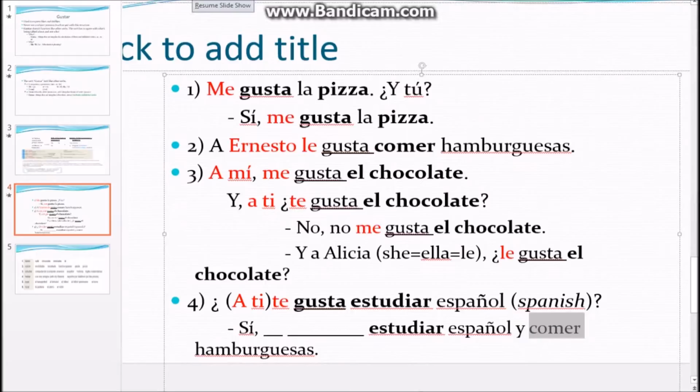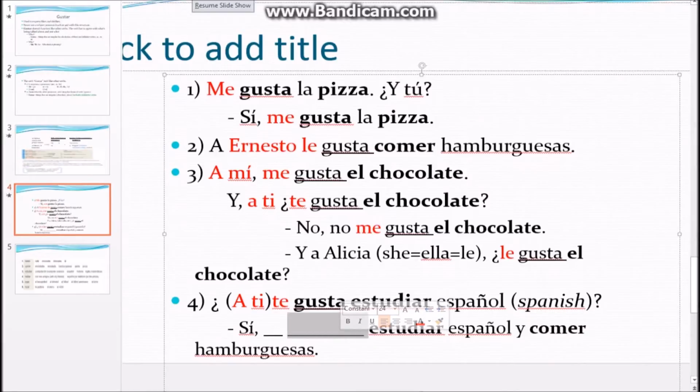We have studying Spanish and comer hamburguesas, eating burgers. But something's very important about these 2 things that are liked. They're 2 infinitive verbs, estudiar y comer. So the subject's still singular, regardless of how many infinitive verbs. As long as they are infinitive verbs, the subject is singular.